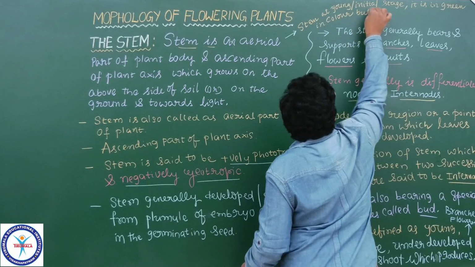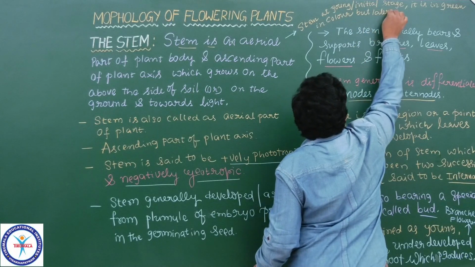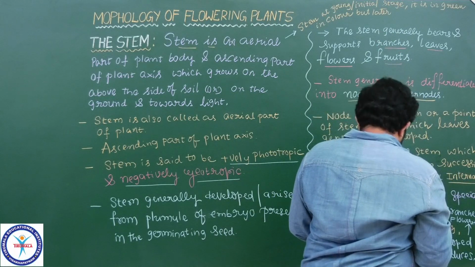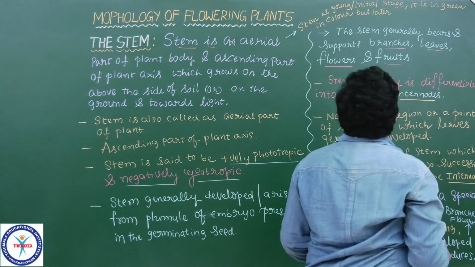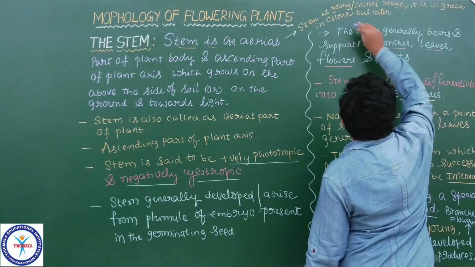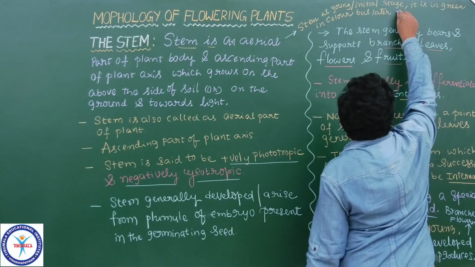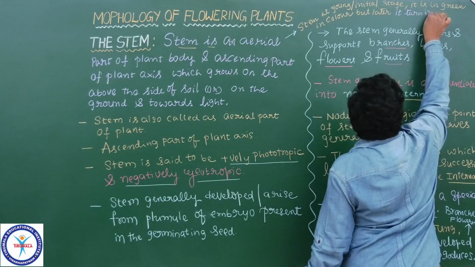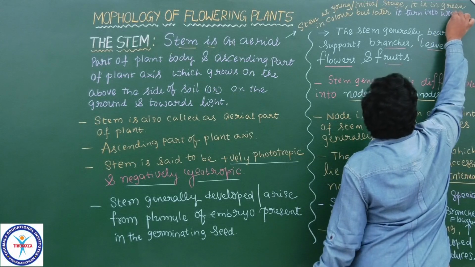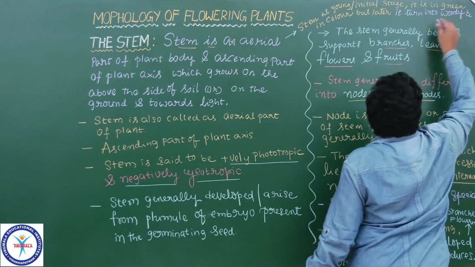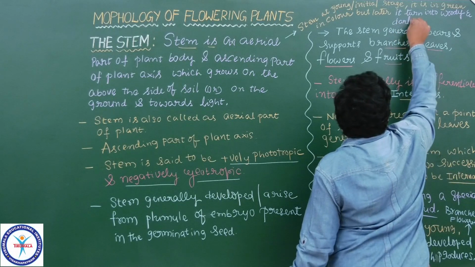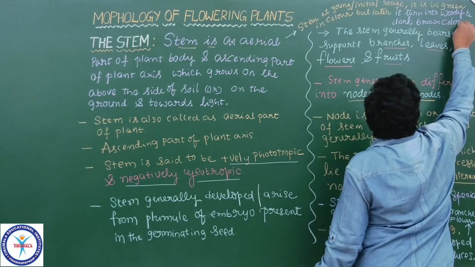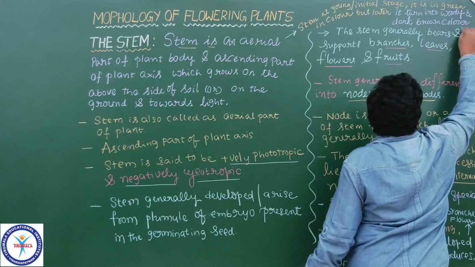But later, slowly, when the plant body develops into an adult plant, what happens? The stem turns woody and dark brown in color.